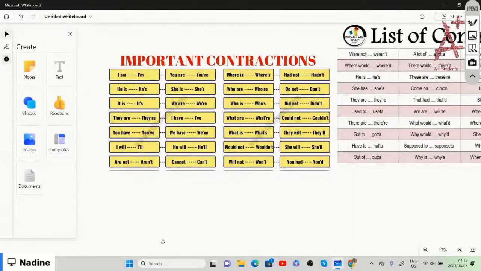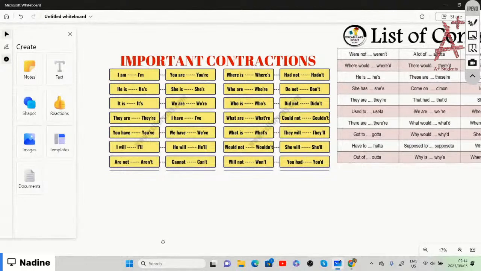So these are the most important contractions that we use every single day, right? Especially when you are writing or when you are talking. When you are talking, you use words that are more shortened than saying the full word. So instead of saying I am, we can say I'm. He is, we mainly say he's.